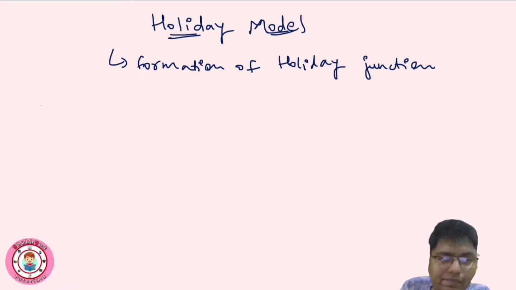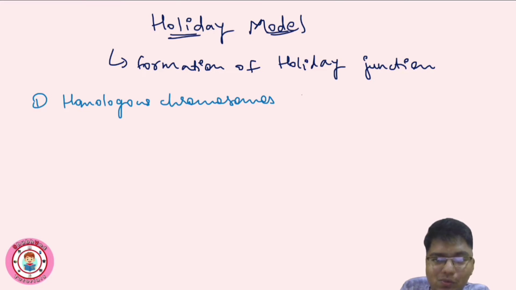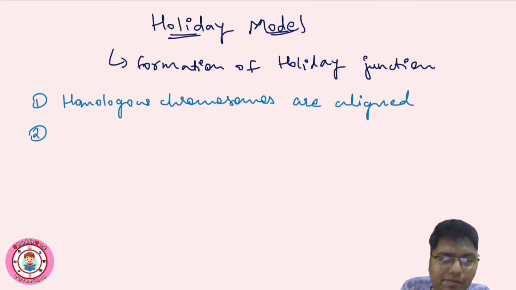The first step, as we saw just now, is that homologous chromosomes are aligned. Second step, what happens? Introduction of double strand break. The double strand break is introduced with the help of proteins, basically enzymes.